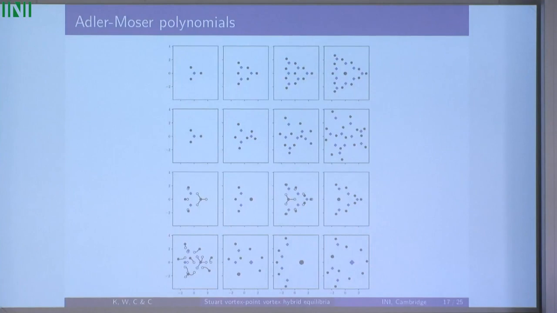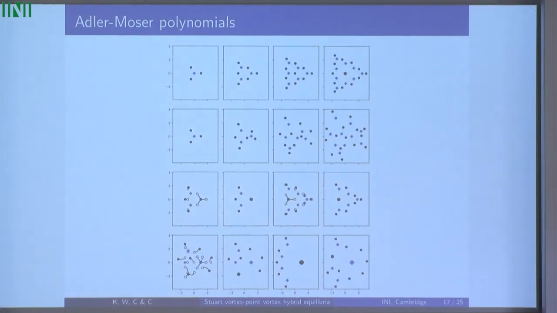Okay, let me show you some examples. Here you have Adler-Moser polynomials. At every step you have integration constants; if you choose them to be all real, they'll be symmetric with respect to the real line. And if you choose them to be complex, that's what's shown here. In each row, it's basically the steps in the hierarchy, and in the second row you have the asymmetric case.